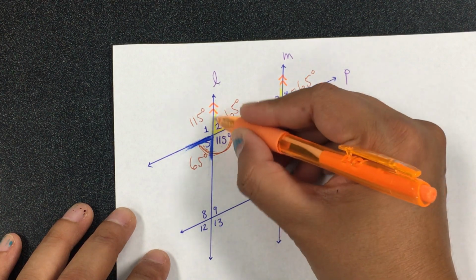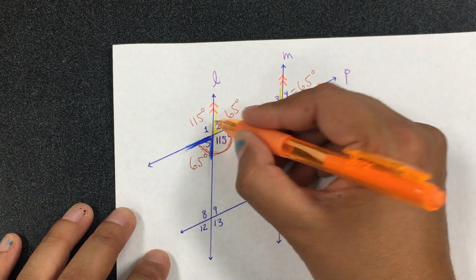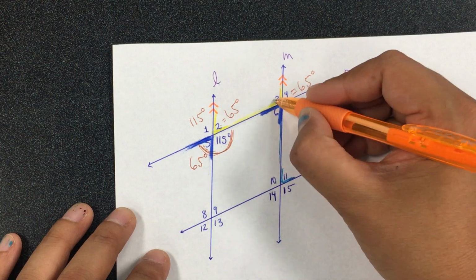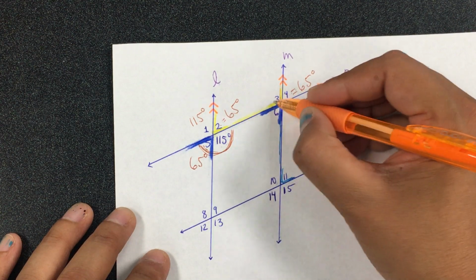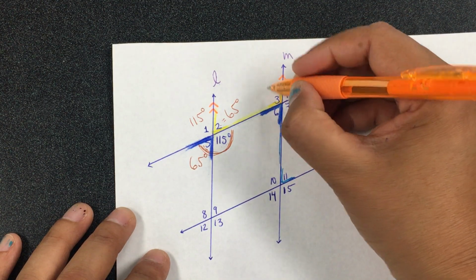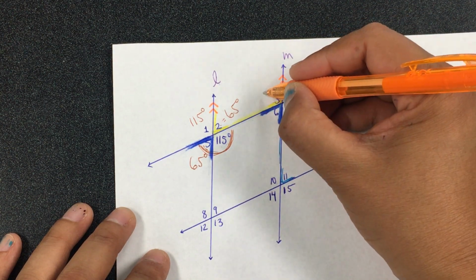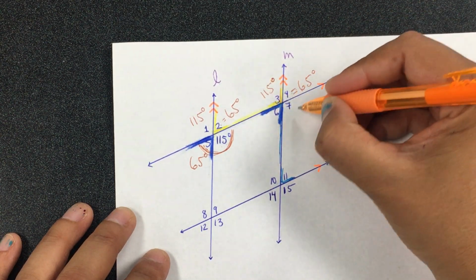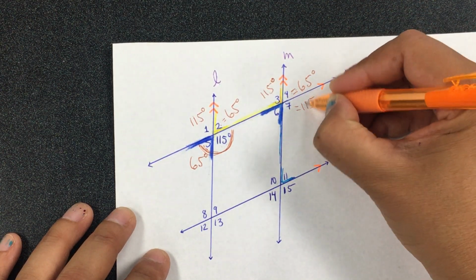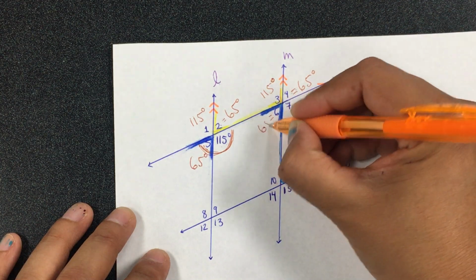These letter C, okay, they add up to 180 degrees. Same side interior angles add up to 180 degrees. So 65 plus what equals 180? Well, it's 115. Vertical angles is 115, and this is going to be 65.